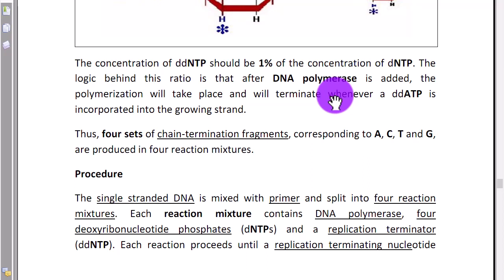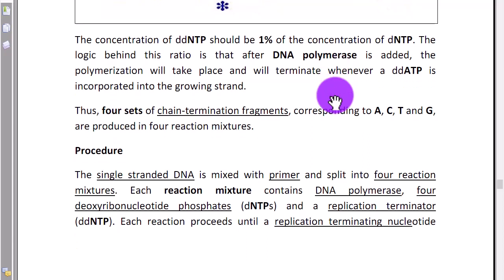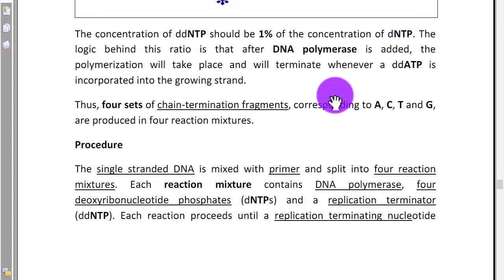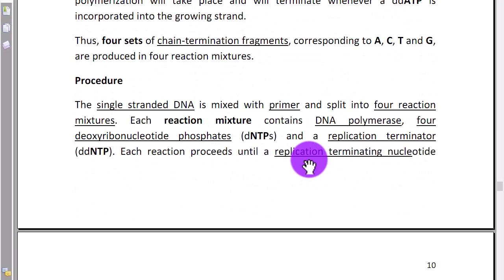The logic behind this ratio is that after DNA polymerase is added, polymerization will take place and will terminate whenever a ddNTP is incorporated into the growing chain. Thus, four sets of chain termination fragments corresponding to A, C, T, G are produced in the four reaction mixtures.